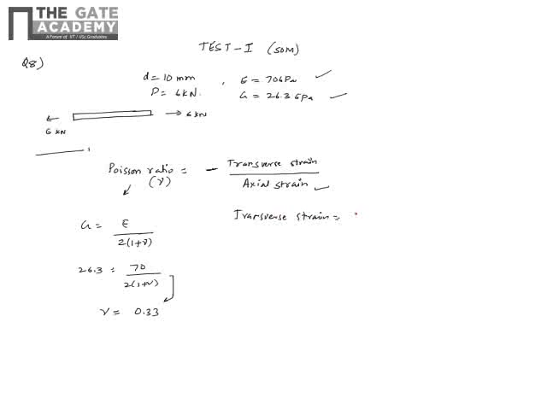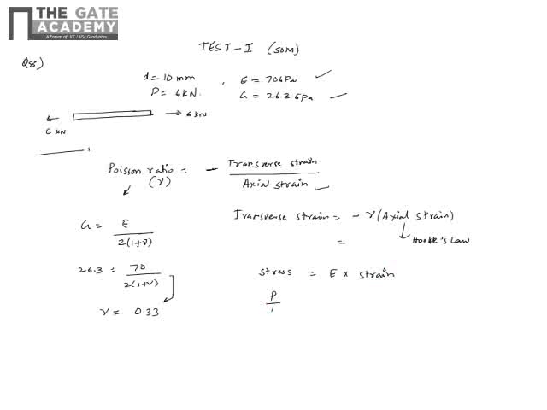Transverse strain is minus nu into axial strain. Now how do I get axial strain? Well, I can use the Hooke's law to get this. Okay, when a load is applied, let's come from the basic. The stress is Young's modulus times strain, and this strain means axial strain.